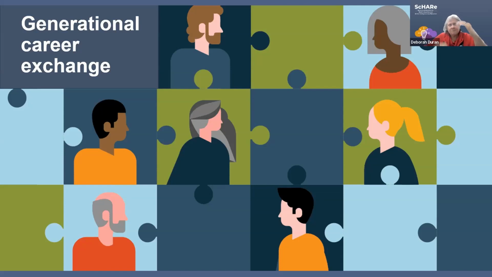So we have this model that it will go up and down, and that we're equal partners in this regardless of our age, because our skill sets will help each other learn.